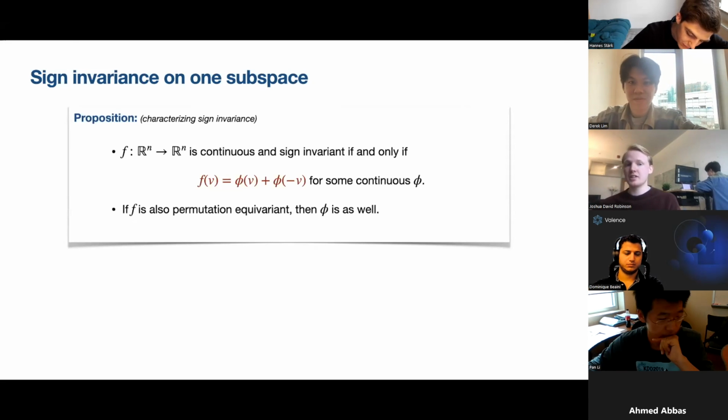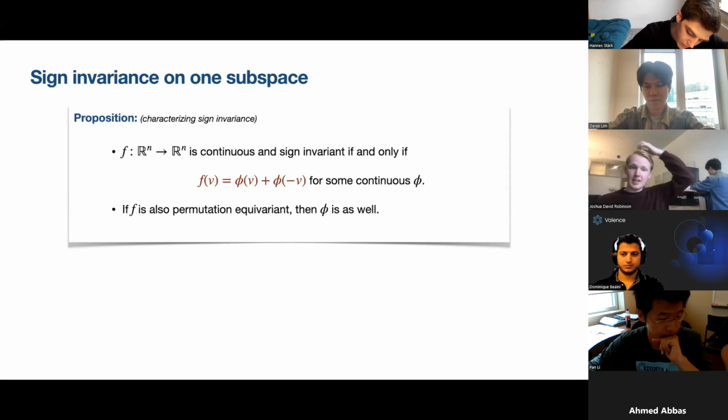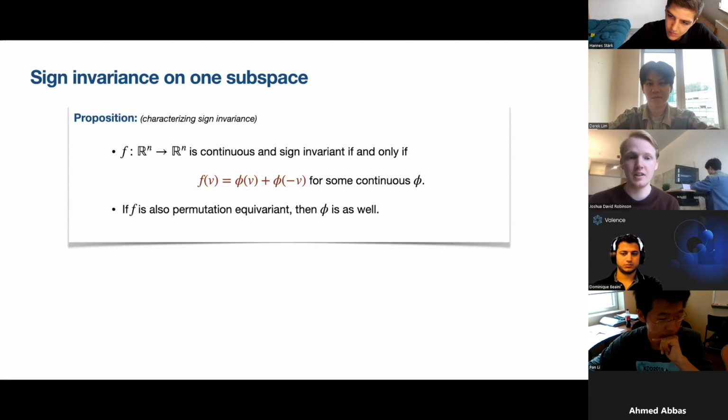The proof of this is really easy to see: the necessity of being written in this form can be shown by taking any sign invariant f and simply defining the corresponding phi to be f divided by 2. The converse, that if your f can be written in this form then it is sign invariant, is immediately obvious.